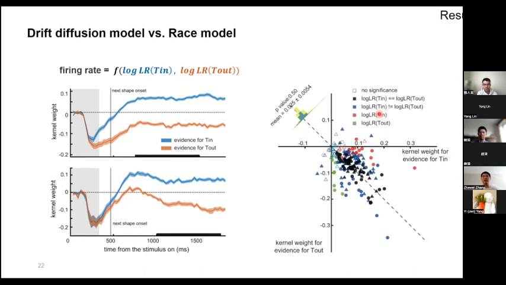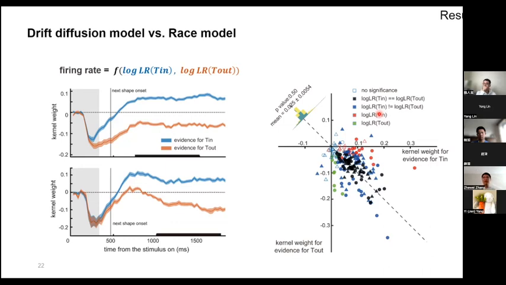The panel on the right side indicates the average coding strengths for the evidence supporting T in and T out. The hollow dots here represent the neurons without any significant selectivity. The blue and black dots are the neurons which are selective to both variables.